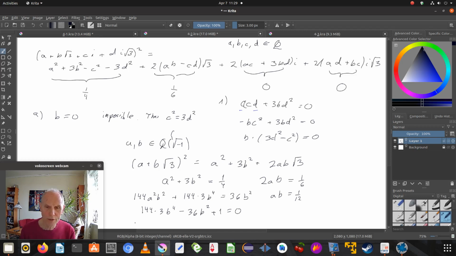So we just need to compute the discriminant to see whether such a B exists. 36 squared is 1296, minus 4 times 144.